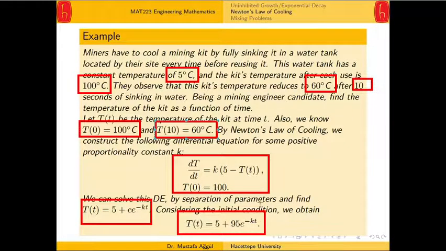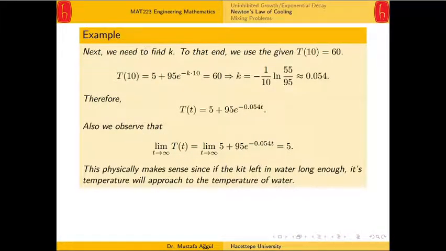So T(10) is equal to 5 plus 95 e to the negative k times 10 equals 60, and then e to the negative 10k is 55 over 95. We take the natural log and divide by negative 10, and we end up with this quantity. So this is our k.